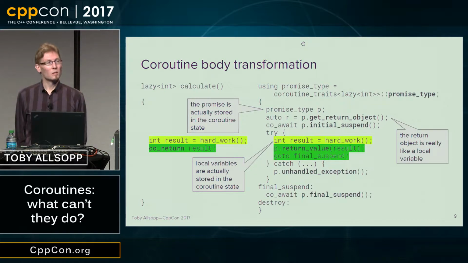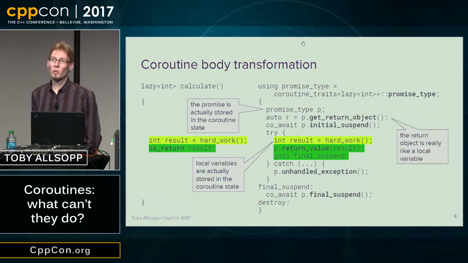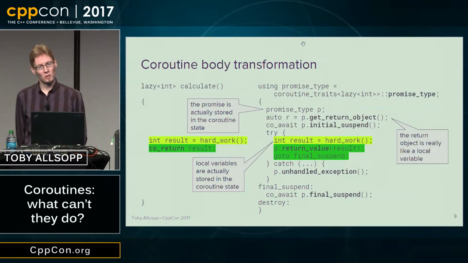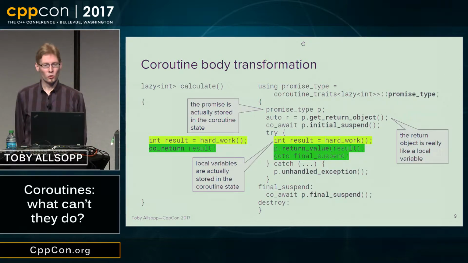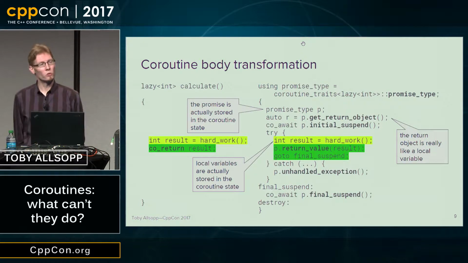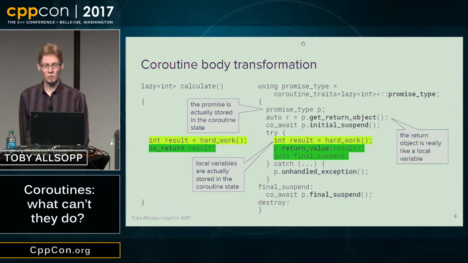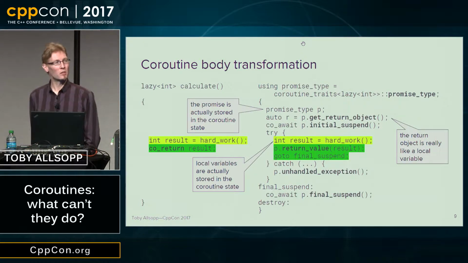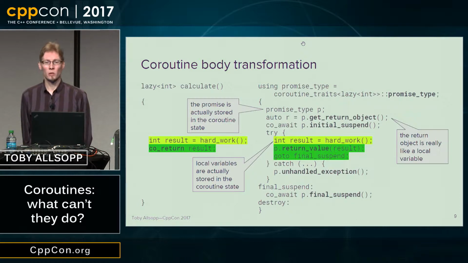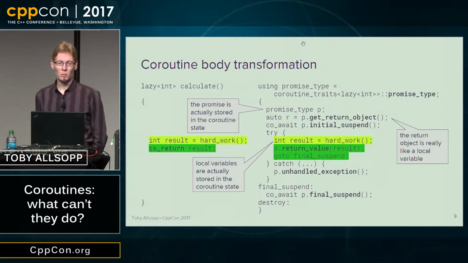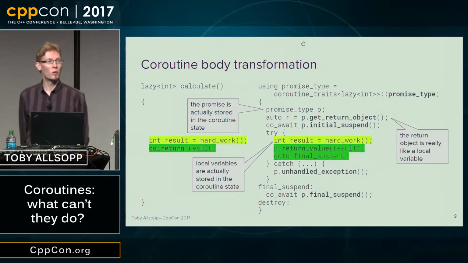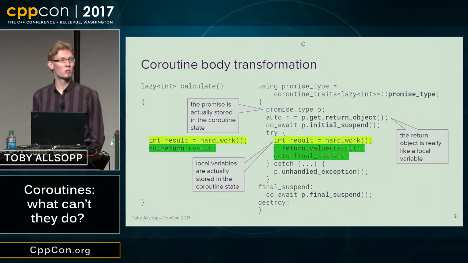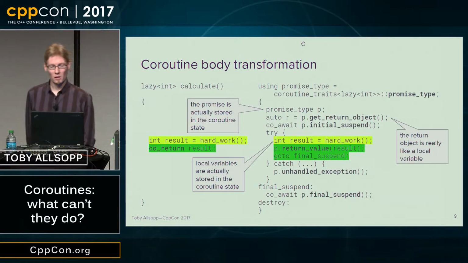So then the original body of the coroutine is executed. Co-return turns into a call to return value on the promise object. So the promise object can decide what happens with that value that's being returned. And then because we're returning from the coroutine, we skip over the rest of the body with that goto. There's no rest of the body in this case.